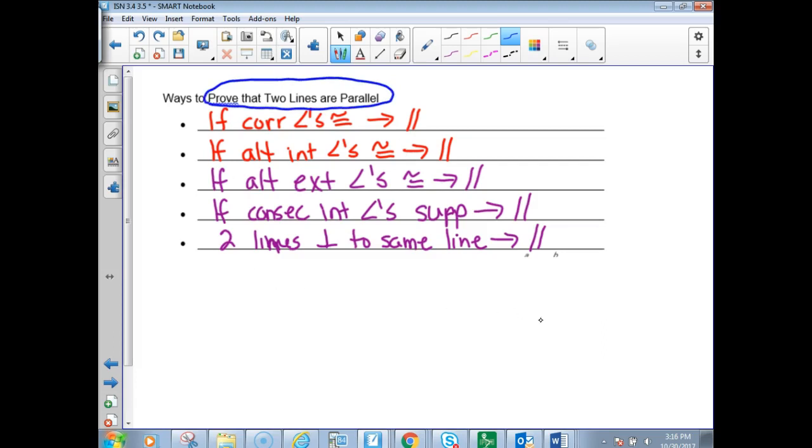If you flop these around, then you're proving, because you have parallel lines, some other stuff, which we did earlier. All right, I think we've had a chance to write those down in our ISN.